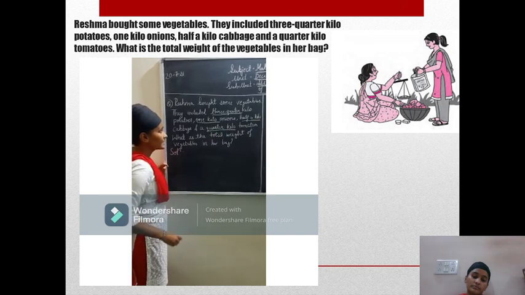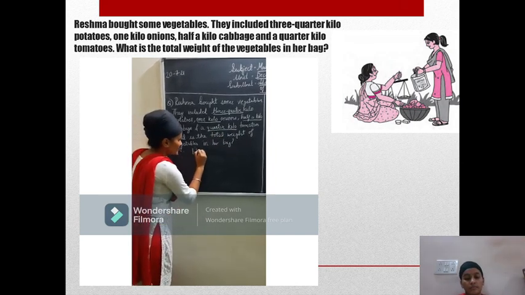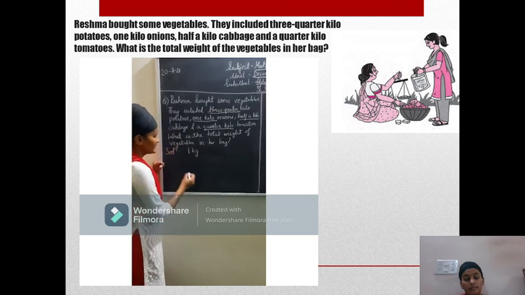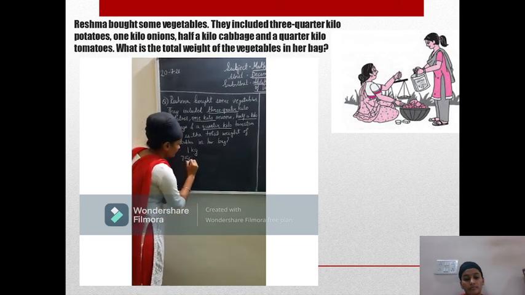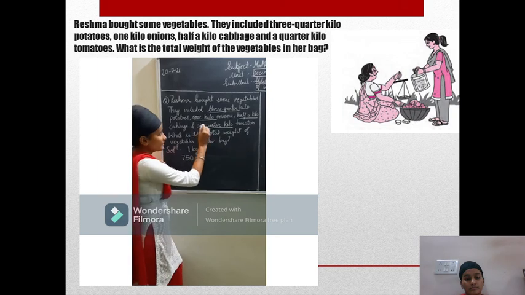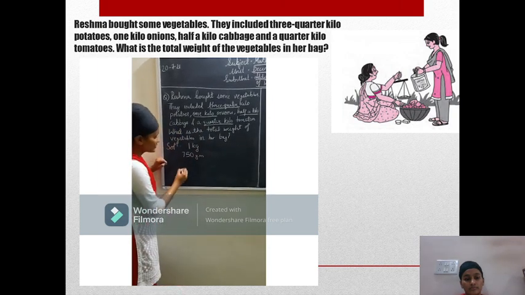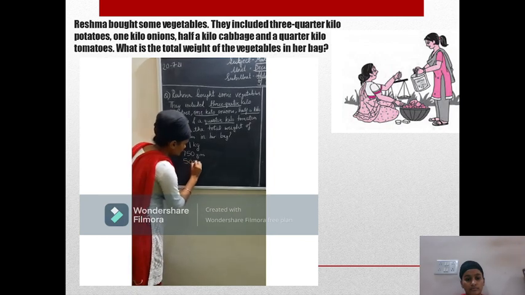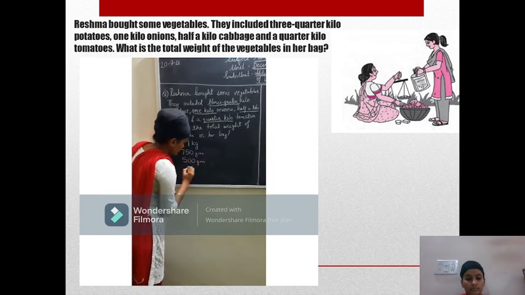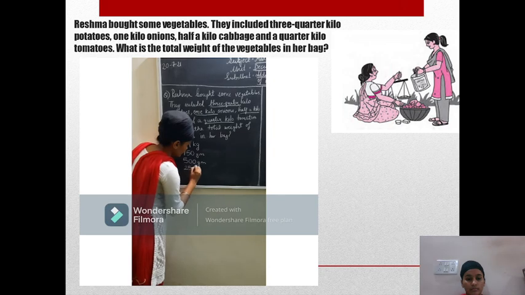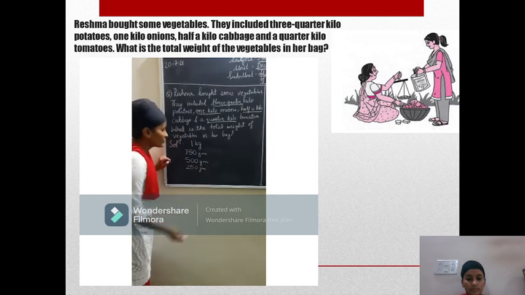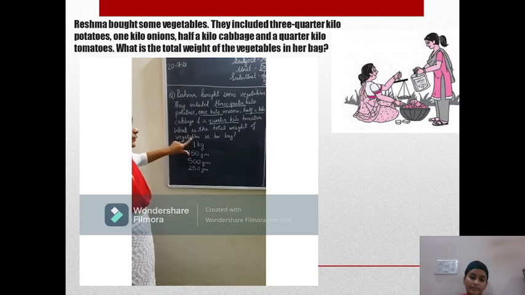So I will write all the things. 1 kg, 750 grams, and then what was there? 500 grams and 250 grams, right? Now you tell me, 1 kg is how much? 1 kilo.